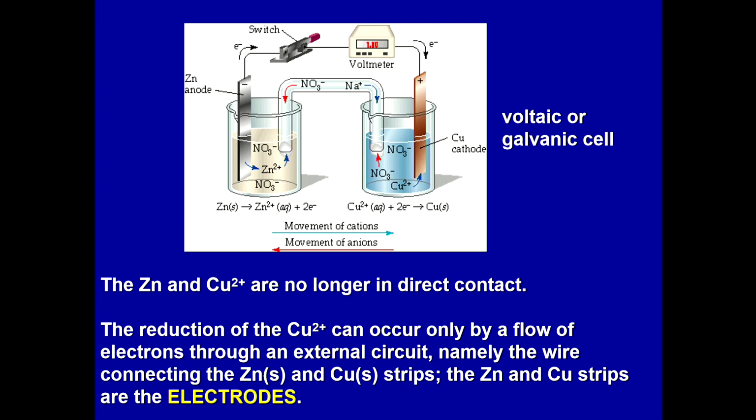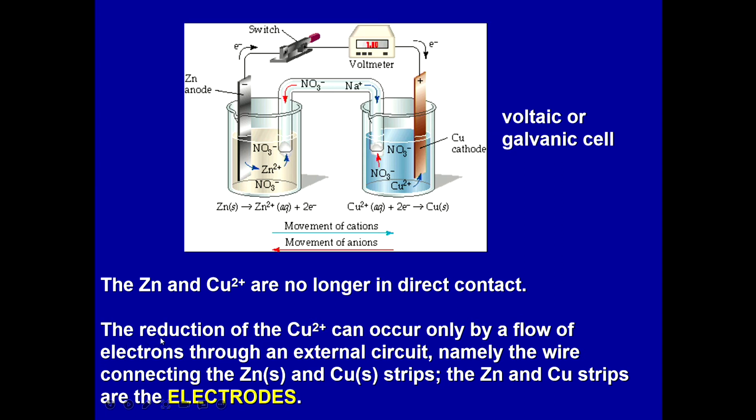Okay, so this means the chemical energy is changed to electric energy. We can see in this cell, the zinc and the copper ion are no longer in direct contact. We just separate them into two beakers.